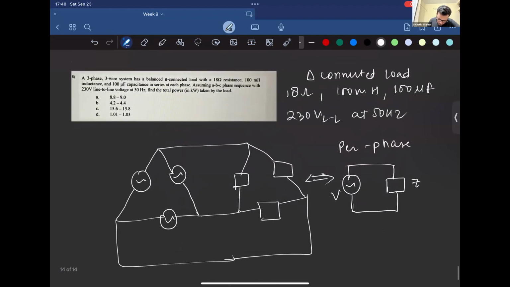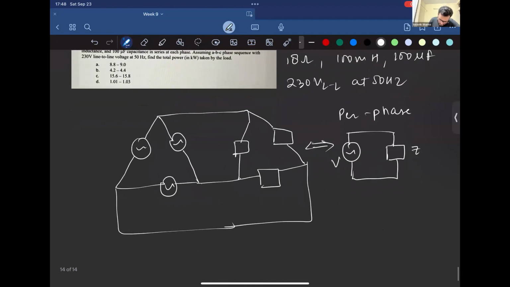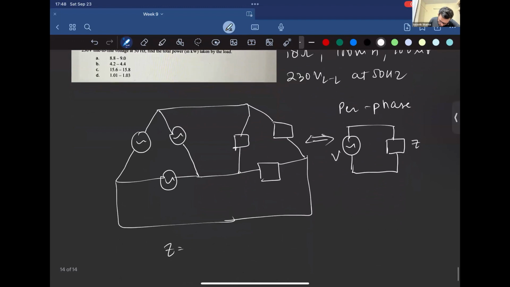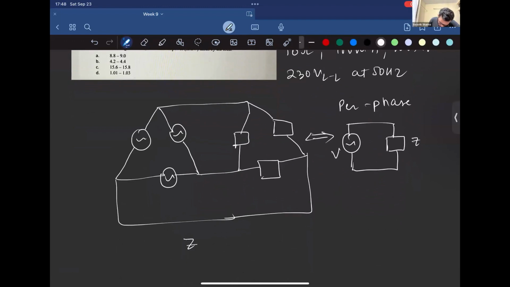So let's quickly calculate the value of Z. Since it's per phase, it would be 18 ohm plus j times.